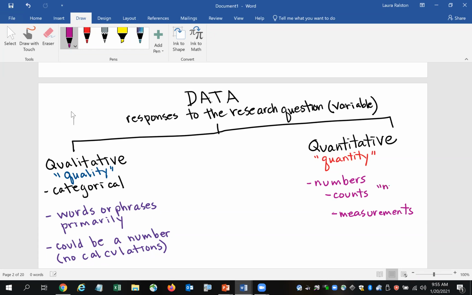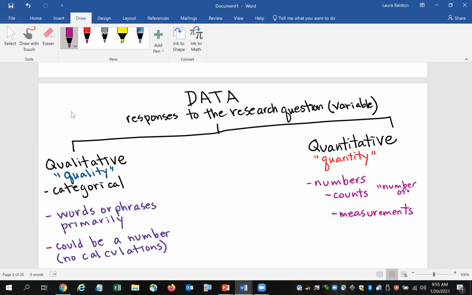Oftentimes in the description, it might even say number of, like the number of students in the class, the number of eggs a hen lays. It could be a measurement where you're measuring temperature or height or weight or blood pressure.